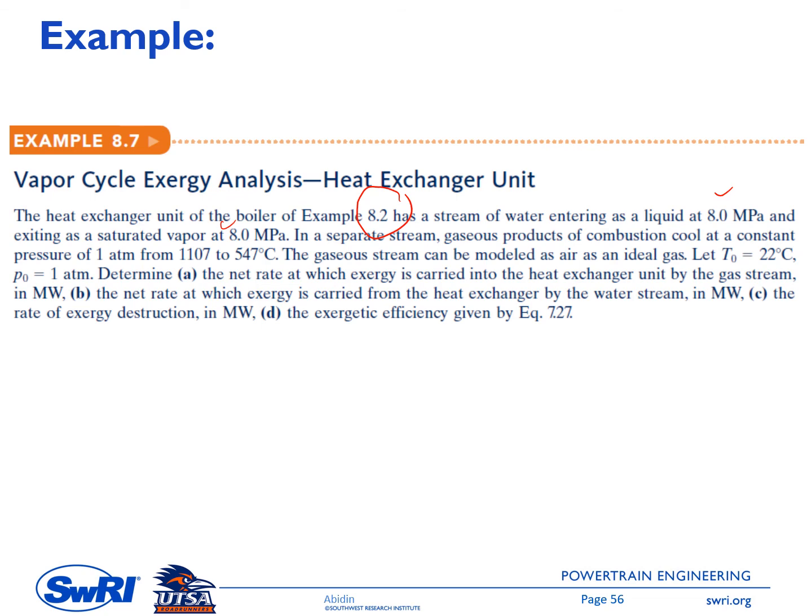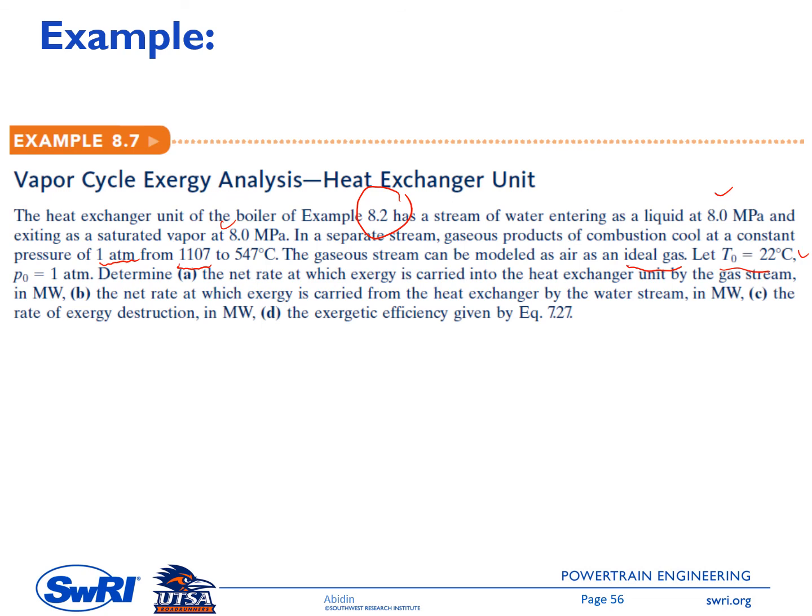And then in a separate stream, we have a gaseous product of combustion, cooling at a constant pressure of 1 atmosphere from 1107 to 547 degrees C. And then the gaseous stream can be modeled as air with ideal gas formula, and then T0, the reference temperature, and reference pressure, are given here as 22 degrees C and 1 atmosphere.